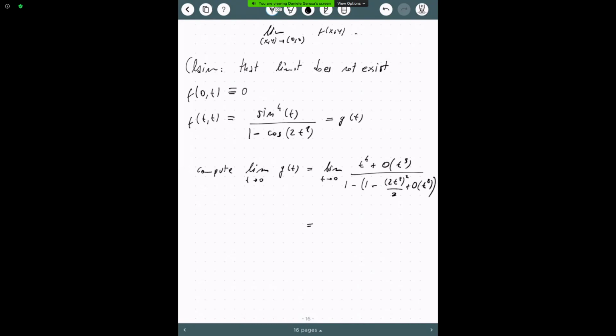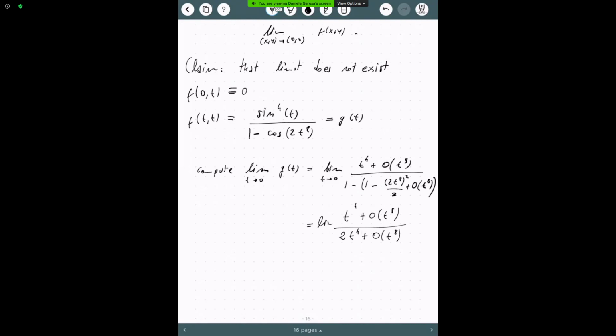Okay. So the leading term at the numerator is t to the power of 4, of course. And then we can simplify a little bit what's down there. We get 2 times t to the 4 plus big O of t to the power of 8.